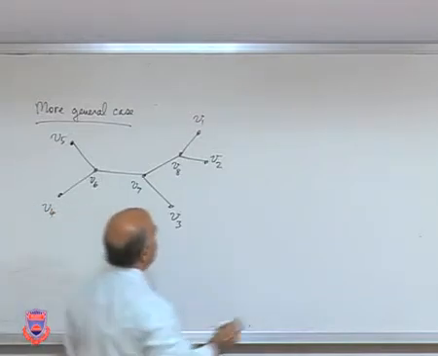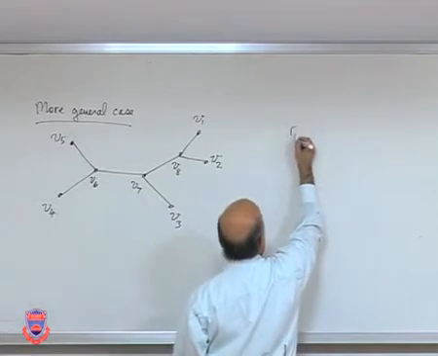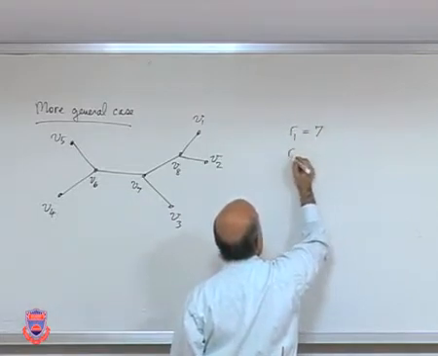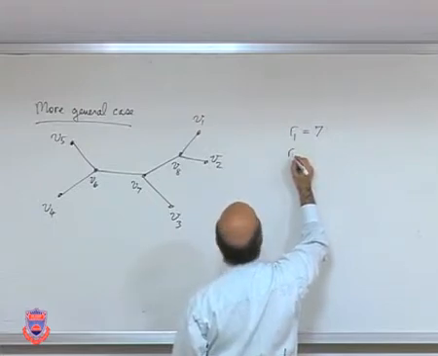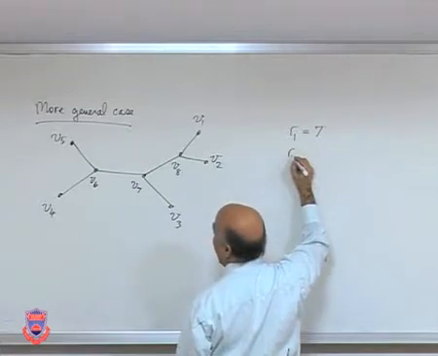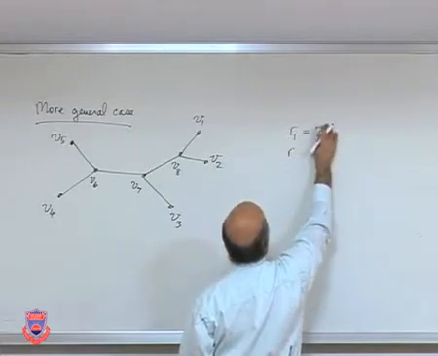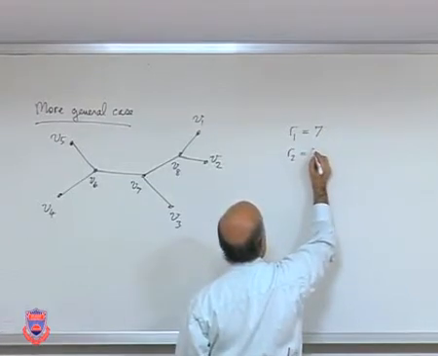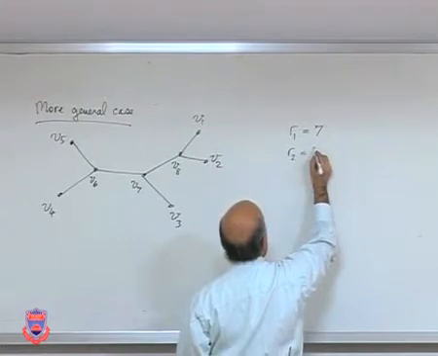And suppose R1 happens to be 7, R2, well, let's not take R2. Yeah, okay, let's take R2 to be 8.